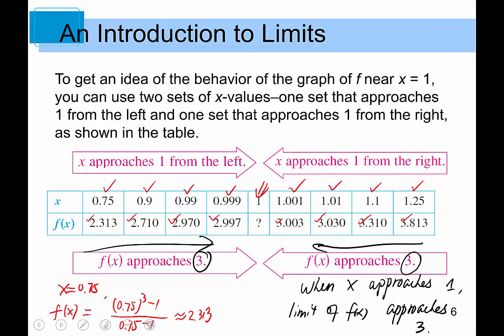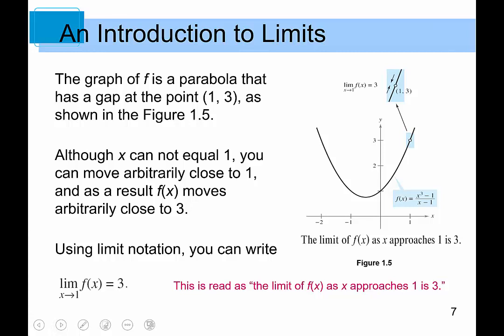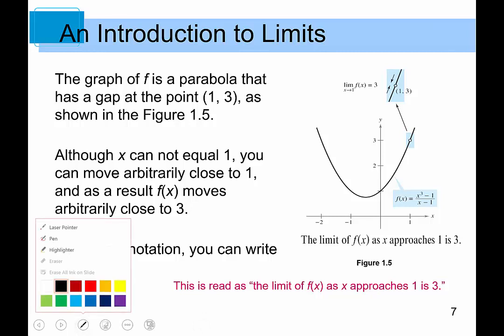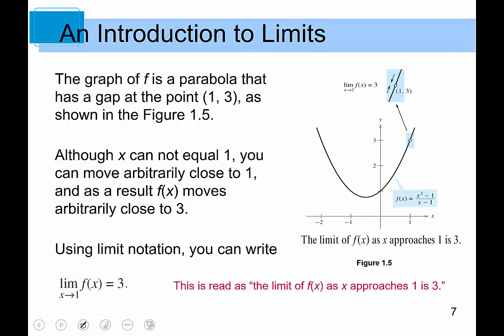This is a very good way of investigating limits at any particular x value, and this method has been used a lot. As you can see, this is a graph of the function. It is proper, except at x equals 1.